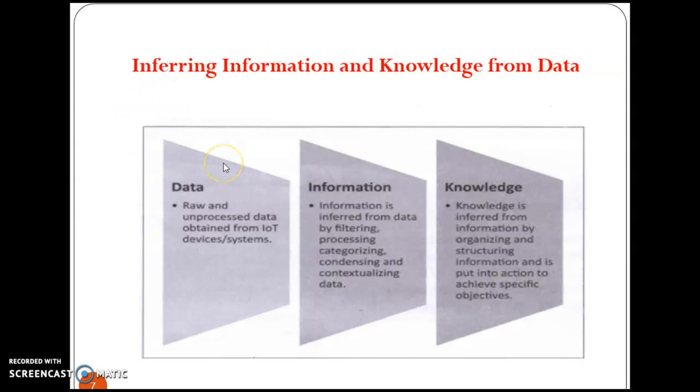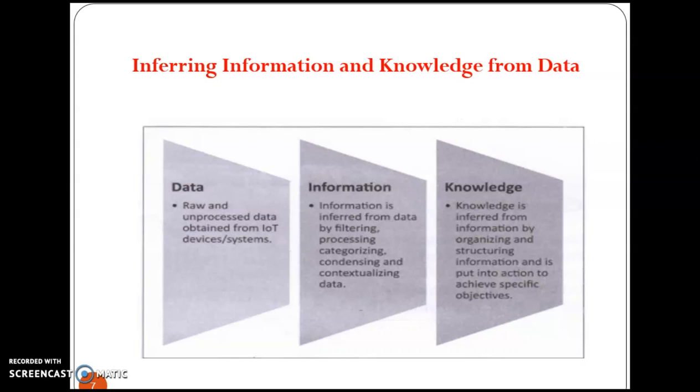The same thing is shown in a figure. The first block is data, which is nothing but the raw and unprocessed data obtained from the IoT device or any kind of system. We are definitely going to use a series of sensors which are connected to different processors. That data is then converted into information.